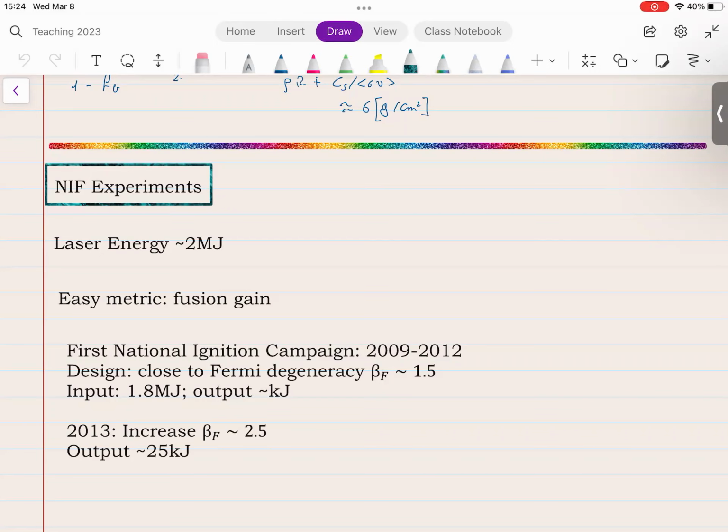Okay, so that's in the right direction, but it's still a long way to go.